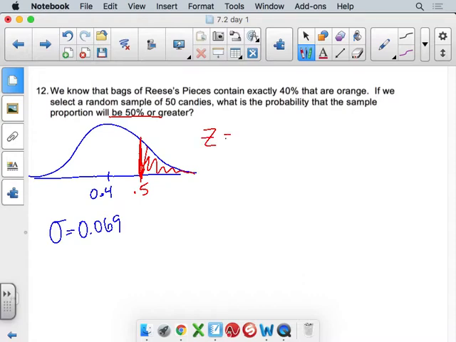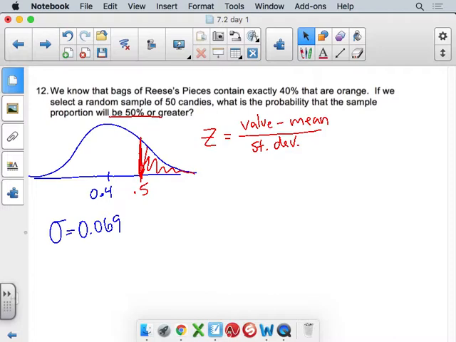A reminder on z-score is that it is your value minus the mean, so the distance you are from the mean, and then how many standard deviations that is. So divided by the standard deviation.